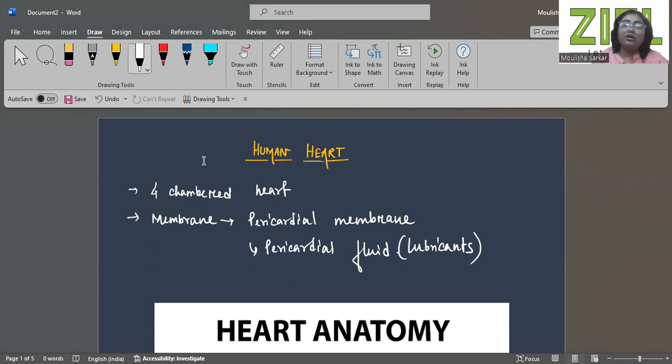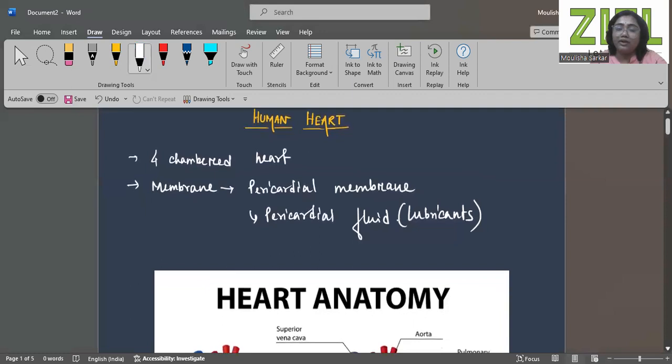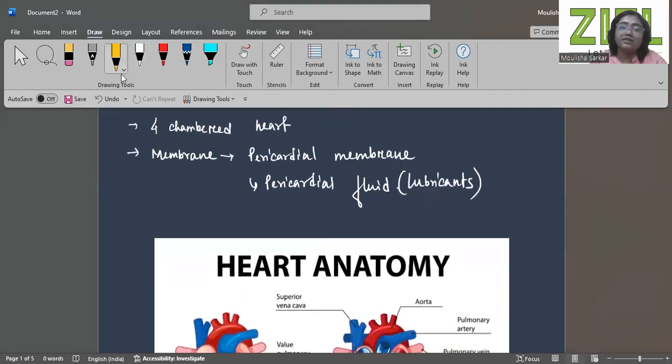Now the heart, in our body, is a constituent of the circulatory system, right? So what is the significance of the circulatory system in our body? All the organisms on earth need oxygen and all the other materials, and they need to distribute them throughout the body.